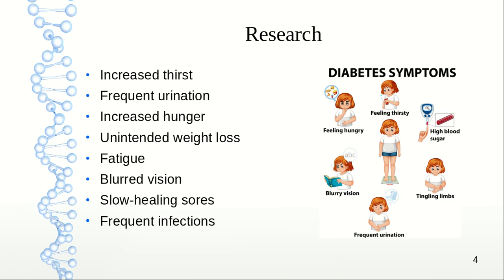There's some additional ones on this page that include increased thirst, frequent urination, hunger, unintended weight loss, fatigue, blurred vision, slow healing sores, and frequent infections. So a combination of all of these things would give you a good indicator that you might be either pre-diabetic or moving into diabetes, type 1 or type 2.